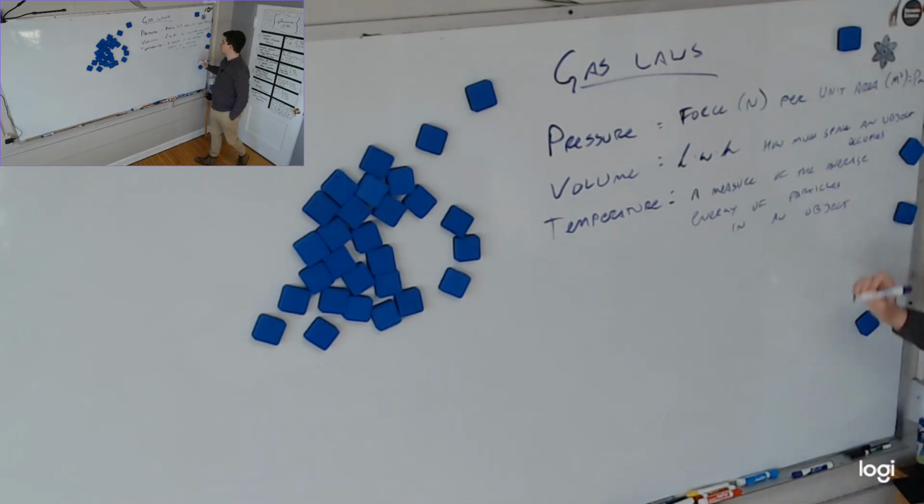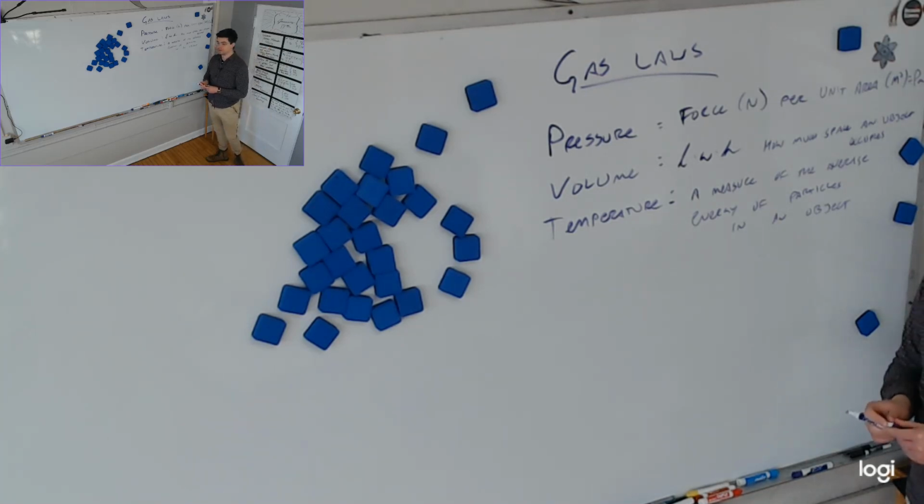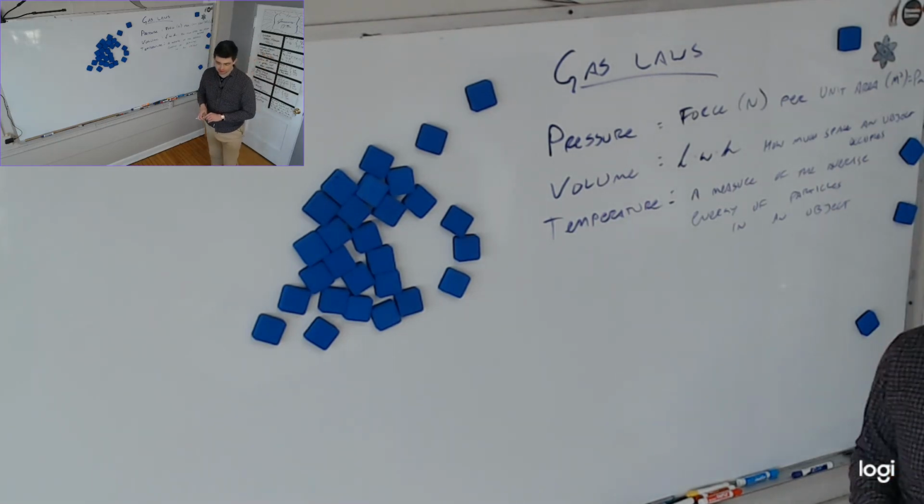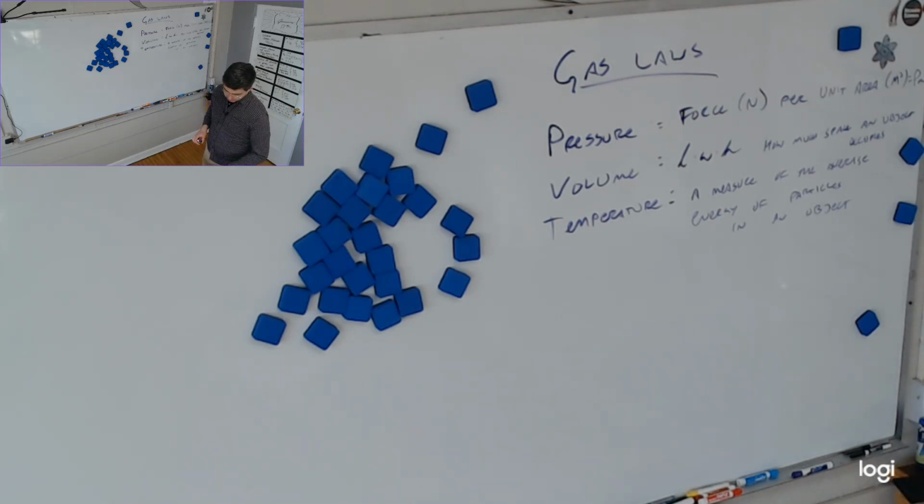What particles am I probably talking about? Sand? What particles make up an object? Atoms or molecules, whatever the base particle, the representative particle, we say. A measure of the average energy of particles in an object. And we knew all those things. Those all should be review. But now we're going to just relate them together.